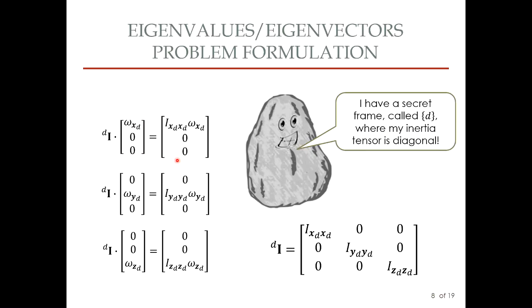So you are equating here h, essentially. And I, being diagonal, if it is multiplied from the right by an angular velocity vector, which is purely in either x, y, or z of these axes of frame D, the resulting angular momentum is in the same direction.